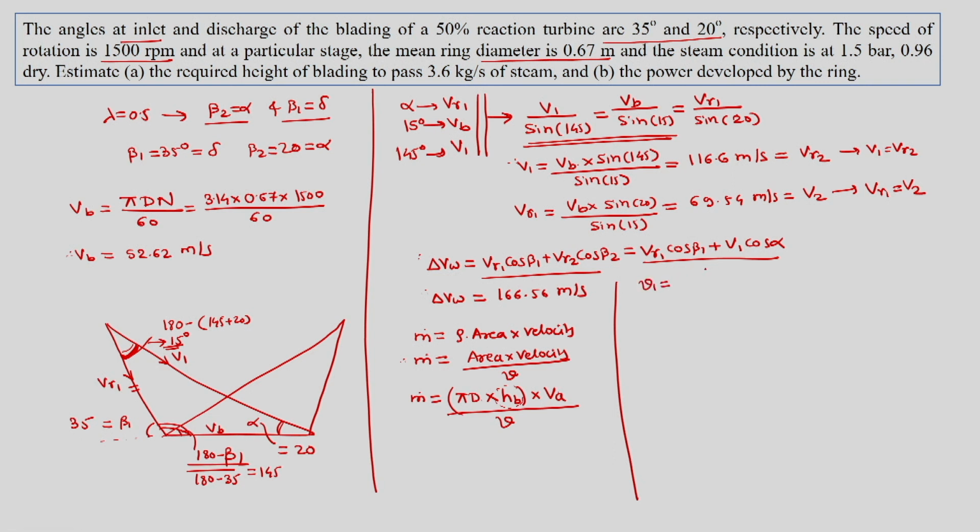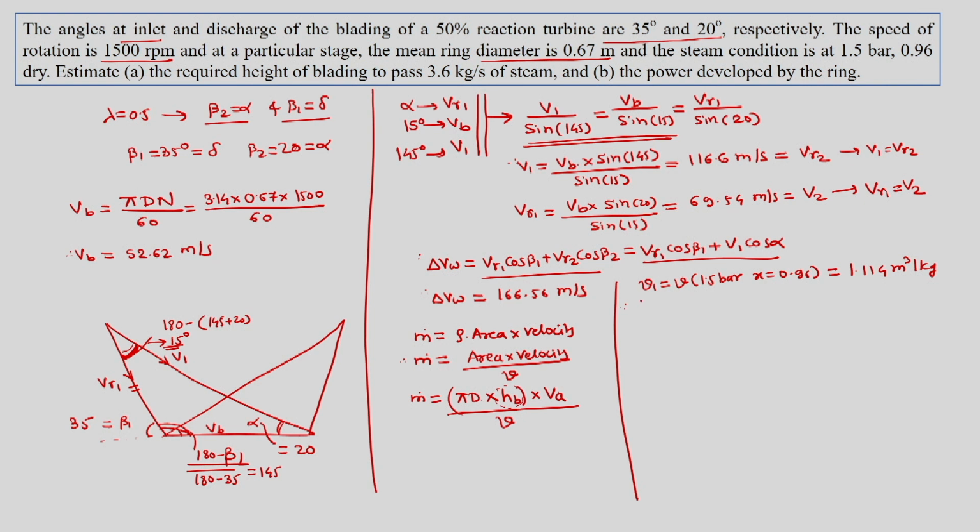Specific volume can be found out from the state that it is at 1.5 bar and x is equal to 0.96, and this gives us V1 at that state as 1.114 meter cube per kg from the steam table.